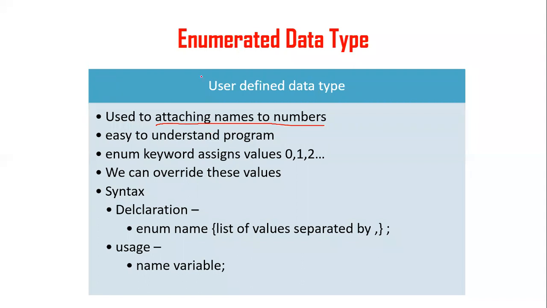And the use of enumerated data type will help us to understand the program easily. Enum is the keyword that we use, and this assigns the values starting from 0, 1, and 2, and so on, continually. And if you want, we can override these values also while writing the program.